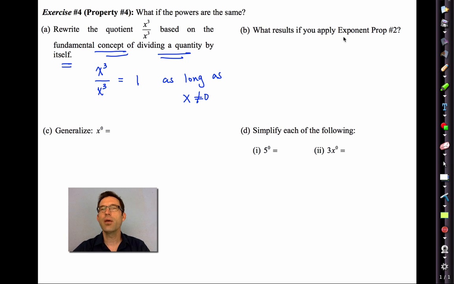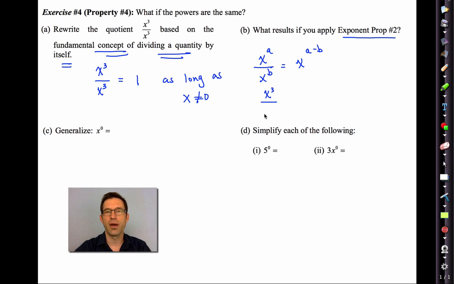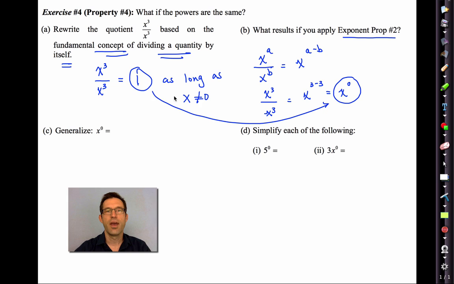But what would happen if we apply exponent property number 2? Again, that was x to the a divided by x to the b equals x to the a minus b. If we do that for x to the third divided by x to the third, we would have x to the 3 minus 3, which would be x to the 0. But that means these two things must be the same. And this is the idea of the zero exponent.